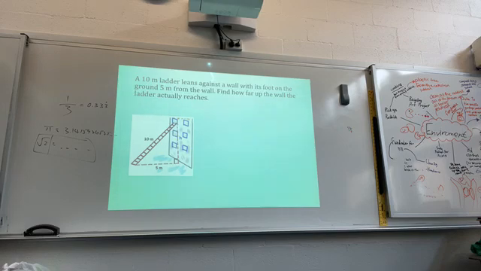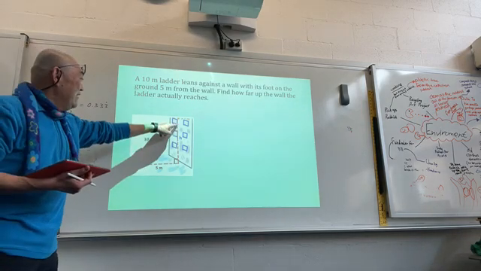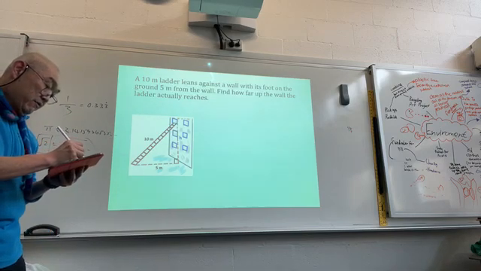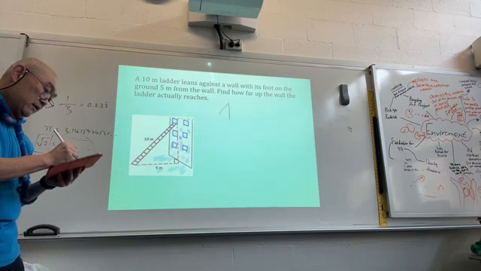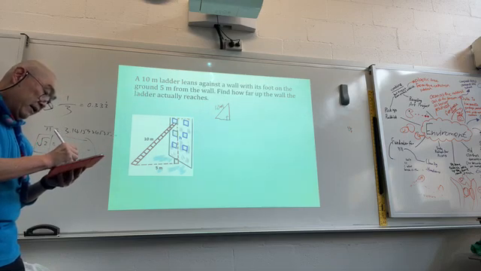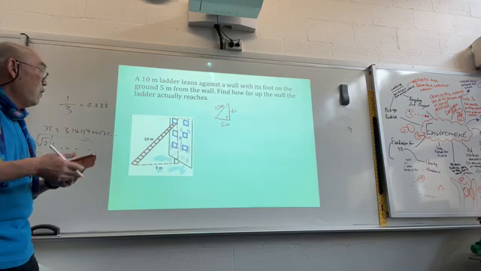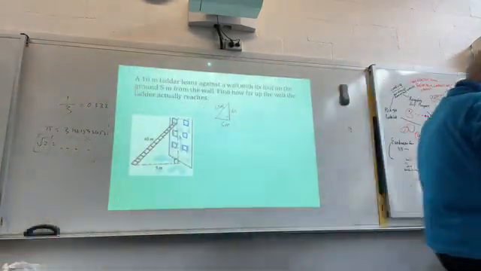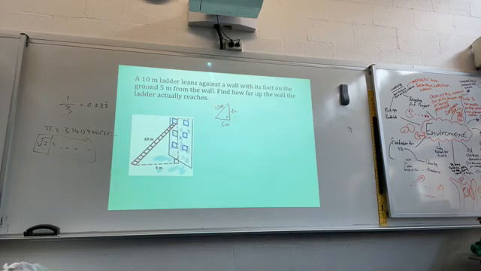Of course, I got this example from the net because I got a diagram. You can see that if this is the ladder, you actually do have a right angle triangle. You know this is 10 meters, this is 5 meters. You don't know how far up it can go. So can you use Pythagoras' theorem to work out what h is, please? Grab your calculator and start doing that.